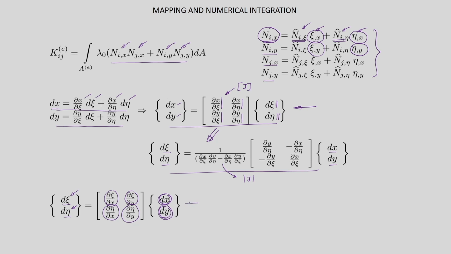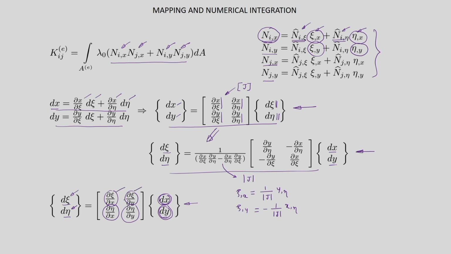So, now this relation we compared with this relation, alright, and we found the derivatives: ∂ξ/∂x is equal to 1 by determinant of J times ∂y/∂η, alright. Similarly, ∂ξ/∂y is basically minus 1 by determinant J times ∂x/∂η, alright.